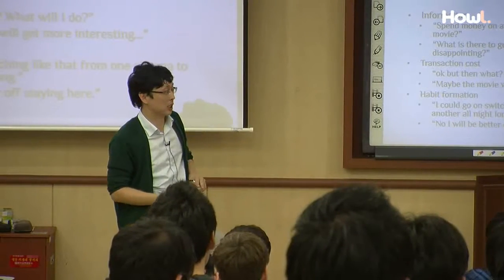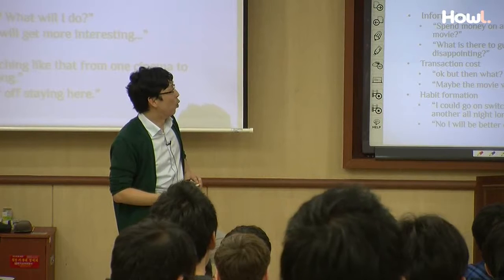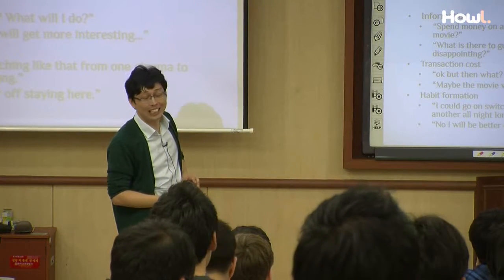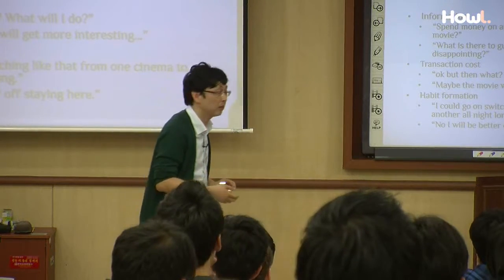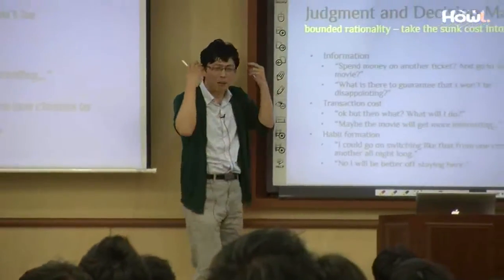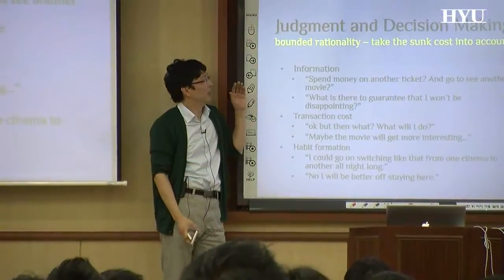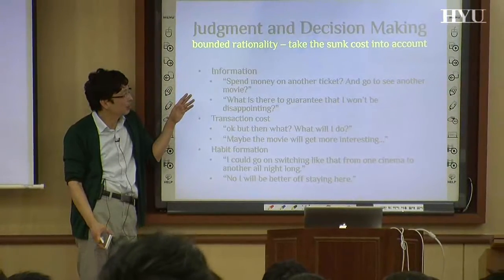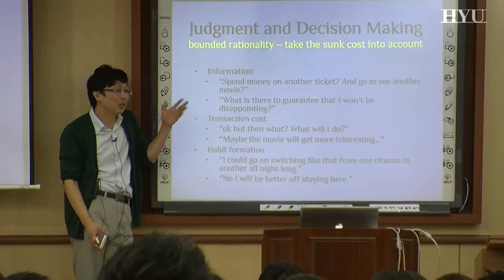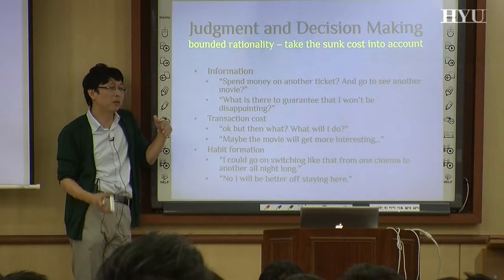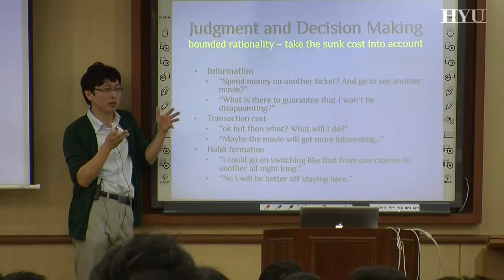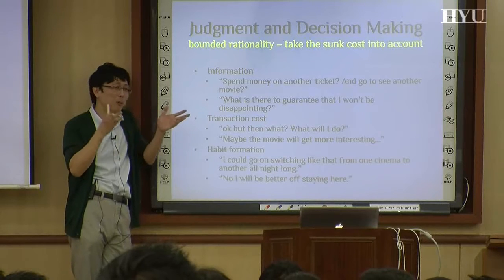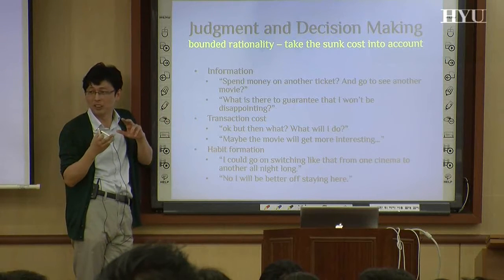The first one is, oh dear, so I spent 10,000 won for the ticket. So now I have heaps of information. Spend another 10,000 won on another ticket to see another movie. I have to join a long queue, wait outside, have another popcorn, another Coke, right?